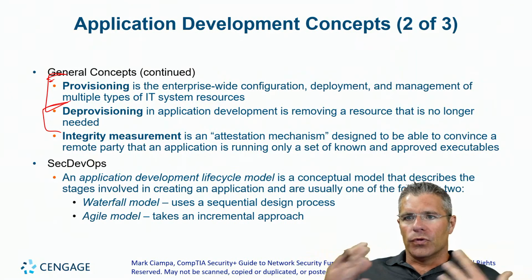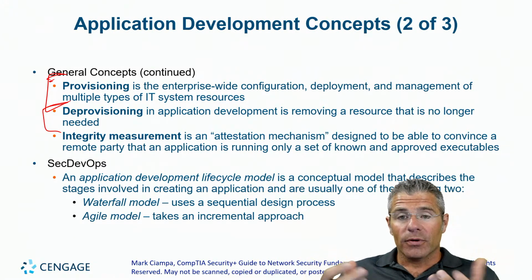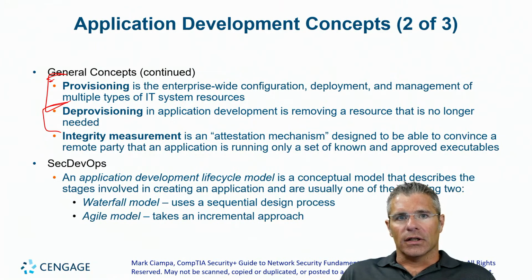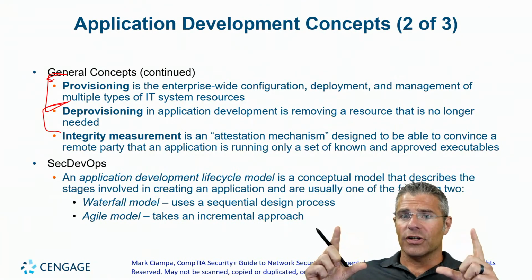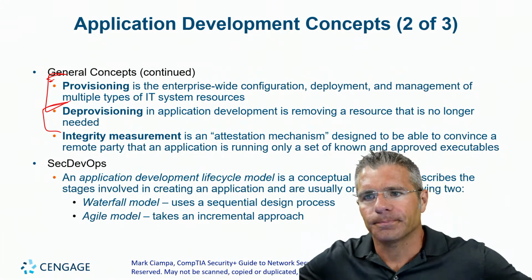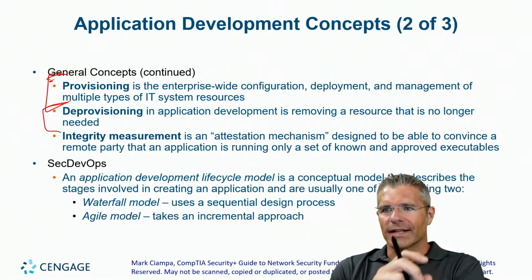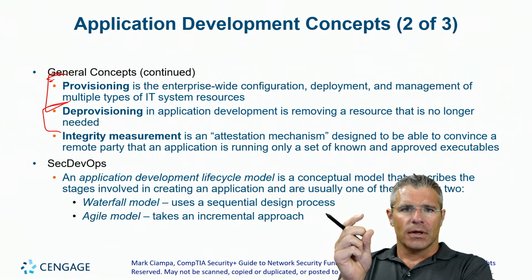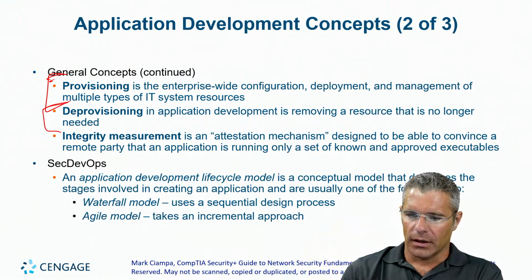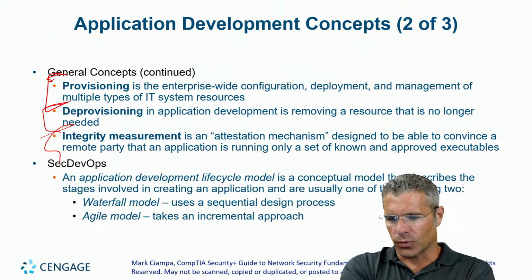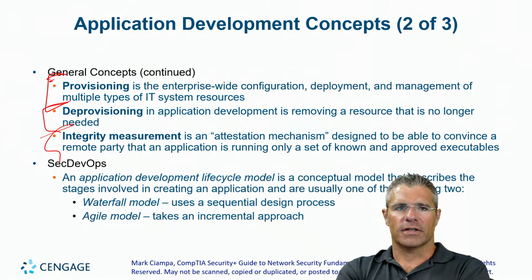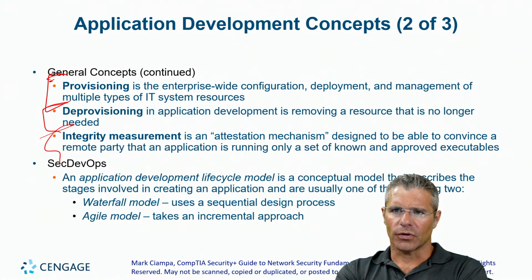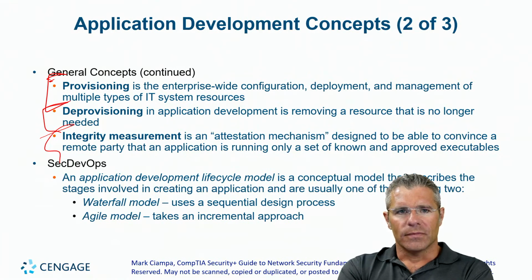So those processes need to be in place. And if you remember the CIS list of things, managing your stuff is at the top of the list. Making sure that we can attest to who has those systems and that they're only doing what we think they're supposed to be doing is a way we can measure integrity of a system. So those are general concepts.